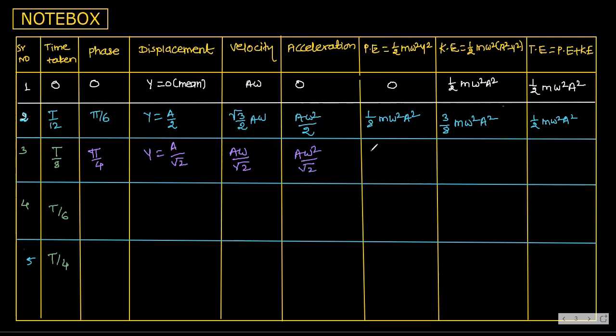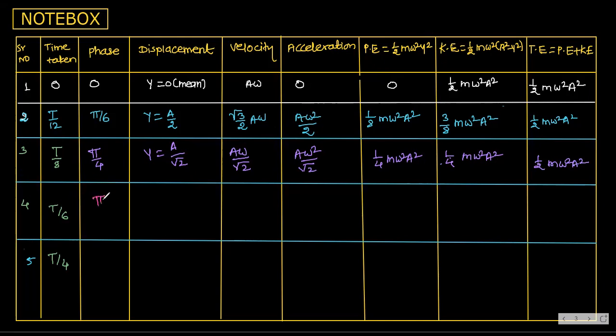This one is 1 by 4 m omega square a square, and this one is also 1 by 4 m omega square a square. So when displacement is a by root 2, your kinetic energy and potential energy are the same. Total energy, the addition of these two, is again half m omega square a square. This column is always constant. Keep it in mind.